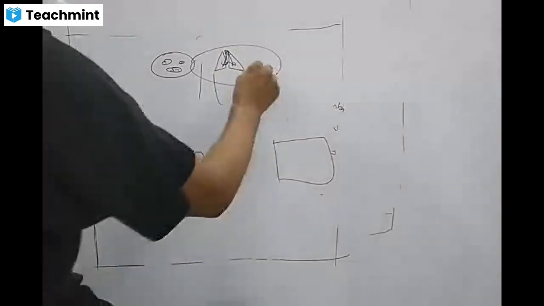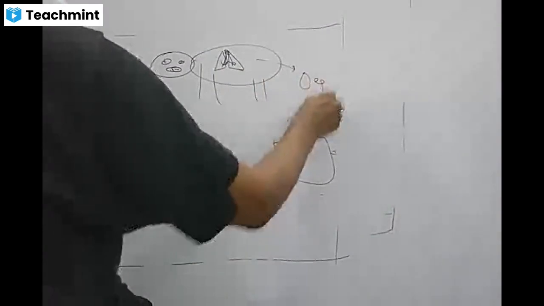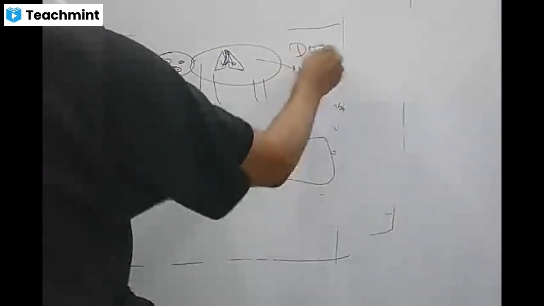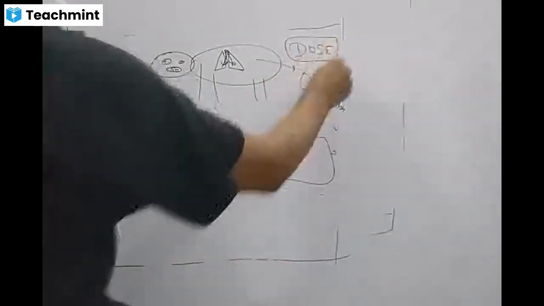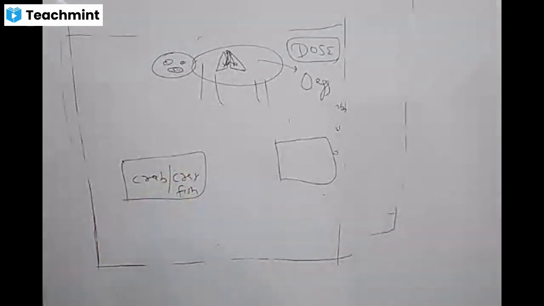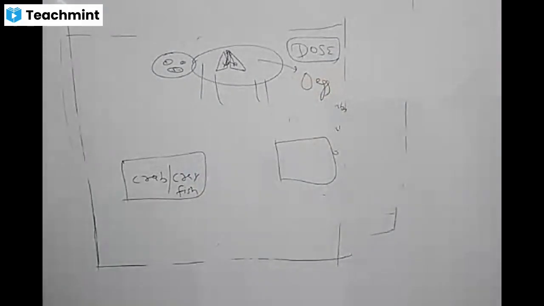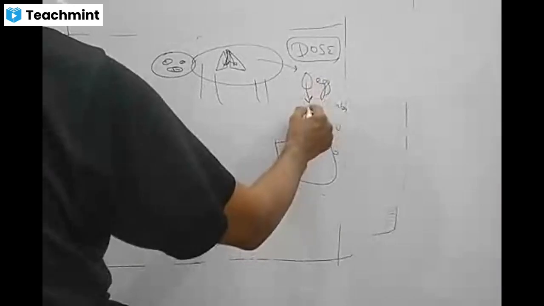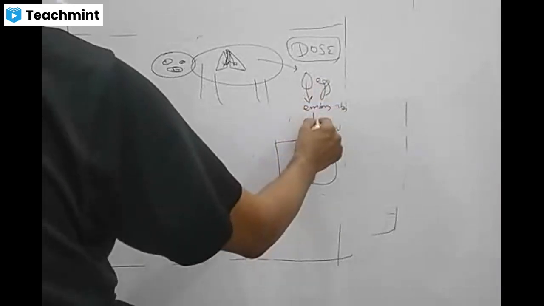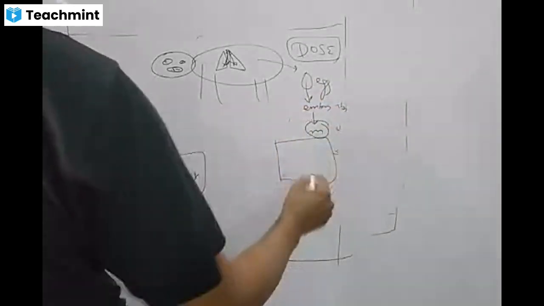From the body of the animal, what comes out? Egg. And this is not a member of taenia, so it is always unembryonated. The egg which comes out is an unembryonated egg. Then it becomes embryonated and hatching occurs. What comes out? Miracidium.